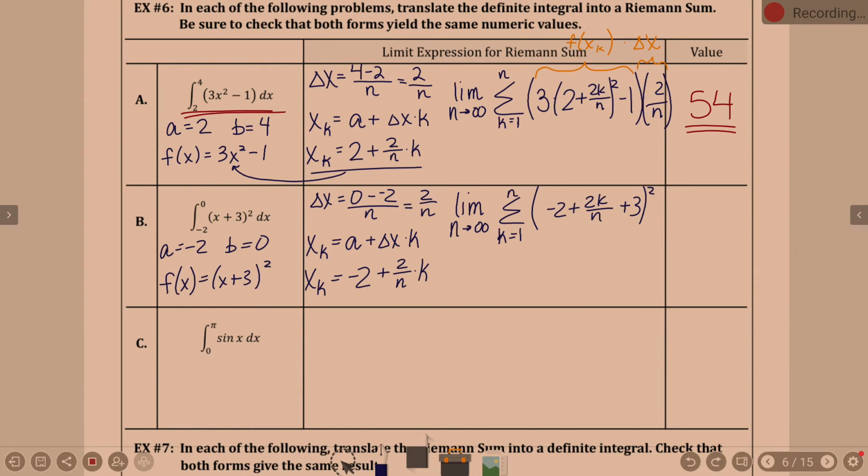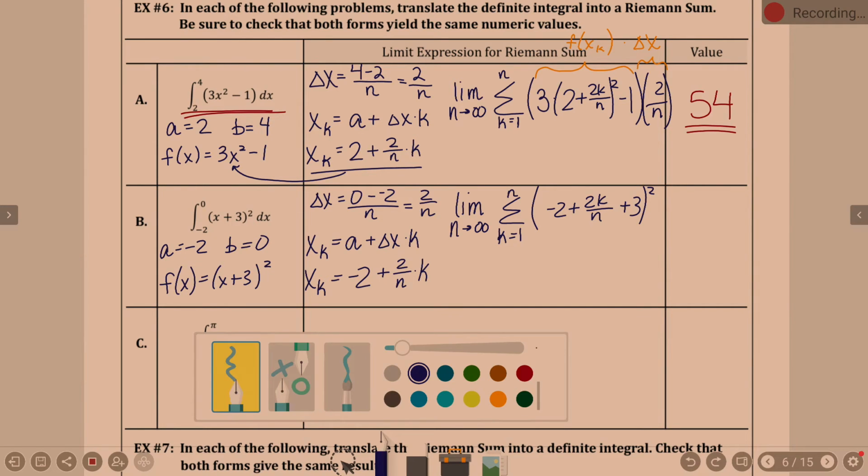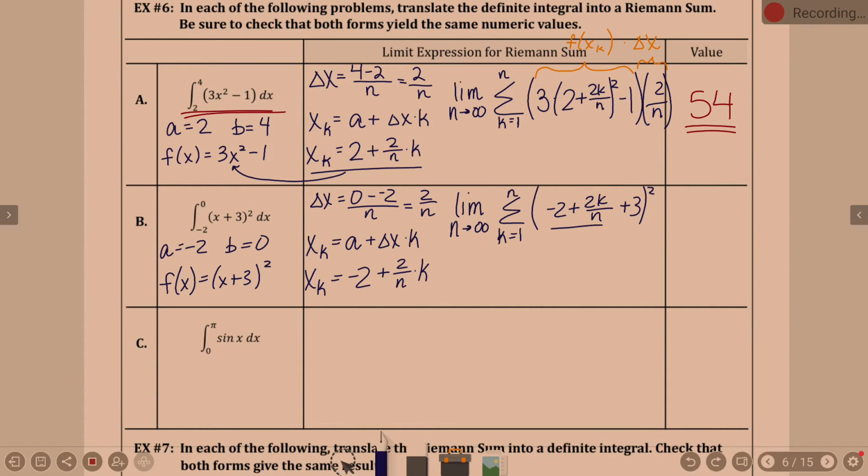And then, that's my f of x sub k, because that's putting in x sub k plus 3 quantity squared times delta x, which is 2 over n. Officially, you could leave it like that.